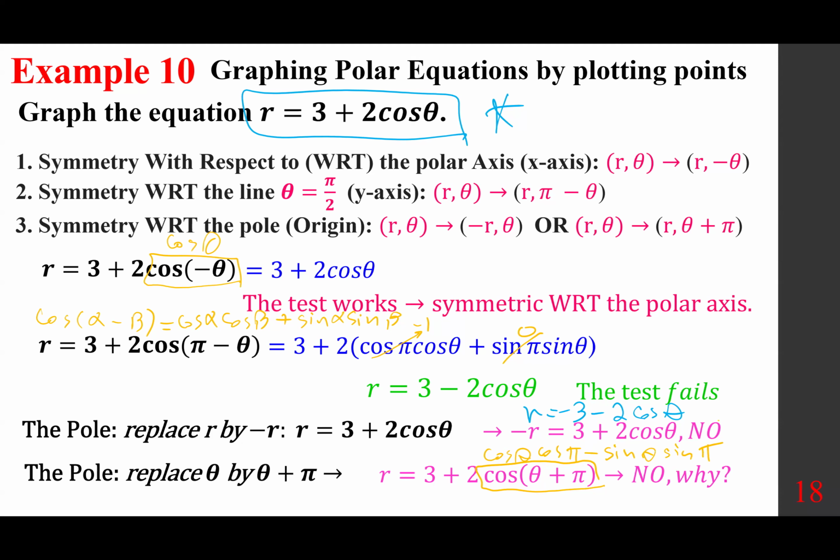Sine pi is 0, so the second piece is 0, my apologies, and this becomes 3. Cosine of pi is negative, so it's minus 2 cosine theta. So that doesn't work either.